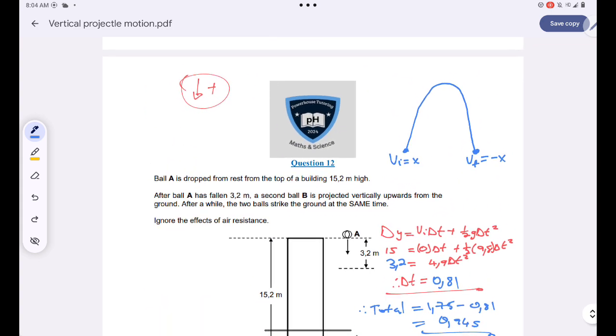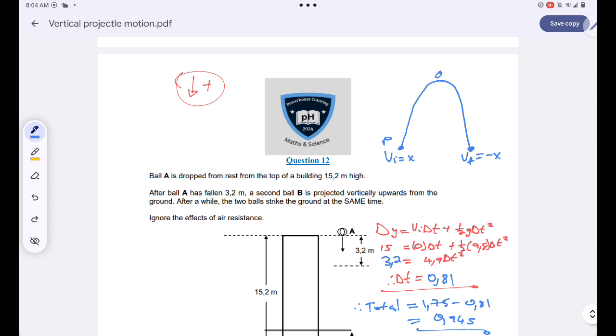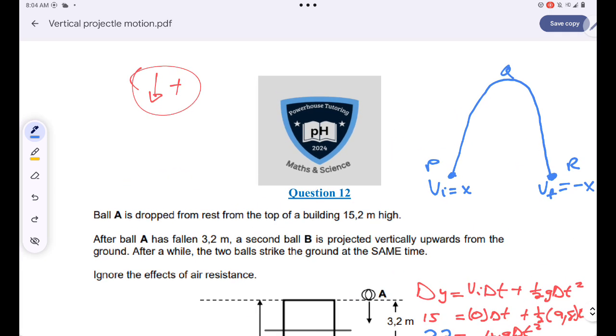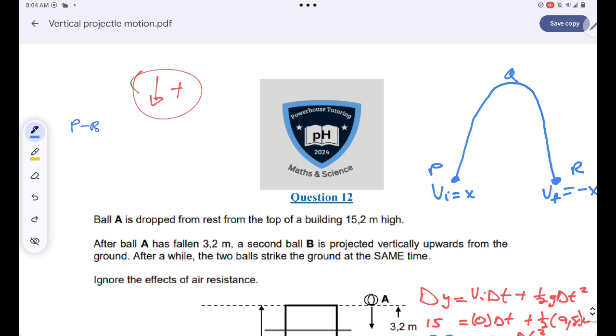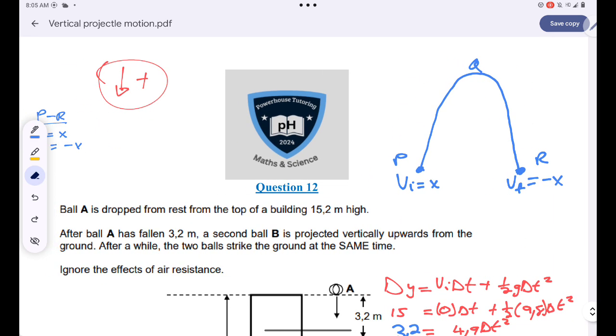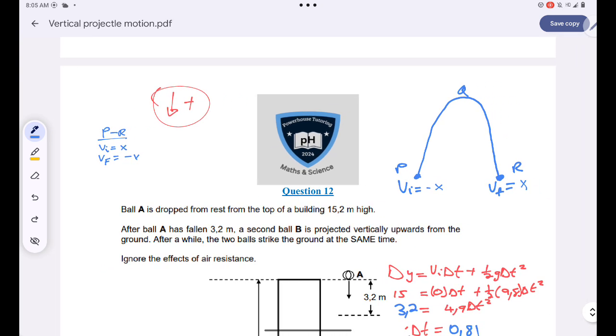I can call these points P, Q, and R. Looking at path PR, the initial velocity is x and the final velocity is negative x. Oh no, remember, guys, I said downwards is positive, so the signs have to be different here. If this thing was thrown at a velocity of negative x, it must come back at a velocity of positive x.